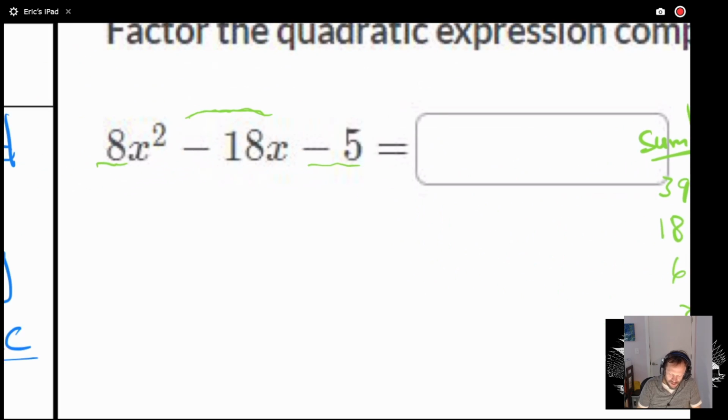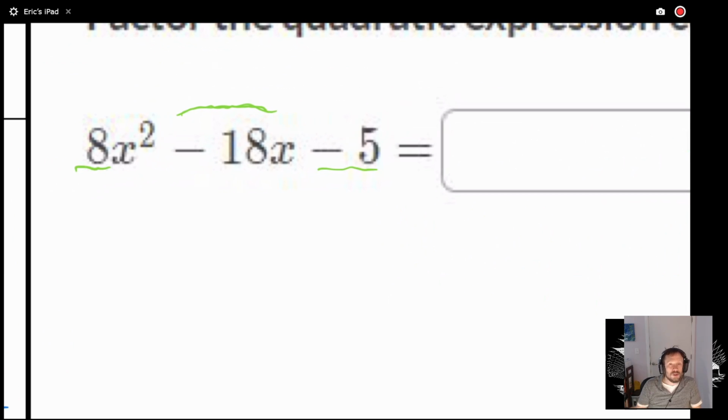Once you've found this pair of factors, 2 and negative 20, we're going to rewrite this term here because we know that negative 18 is the same as negative 20 plus 2, right? But we're talking about x's, so I got to stick an x in there. And I'm going to rewrite this entire expression replacing the negative 18 with negative 20 plus 2.